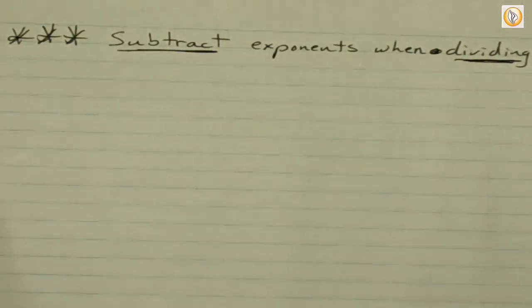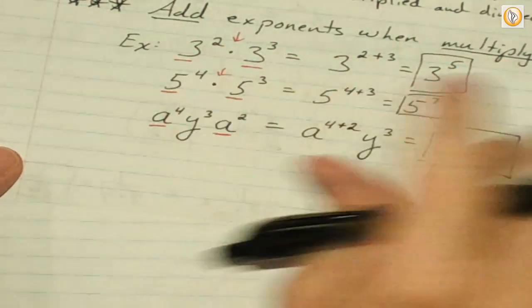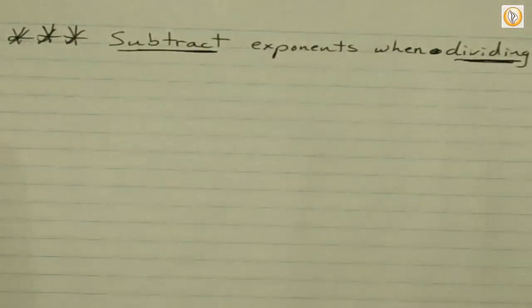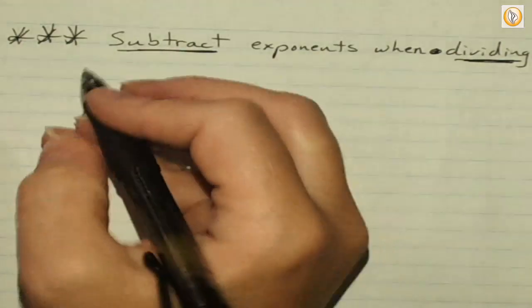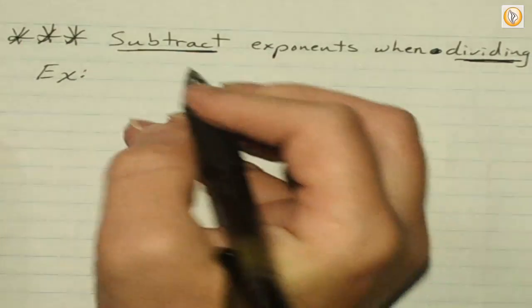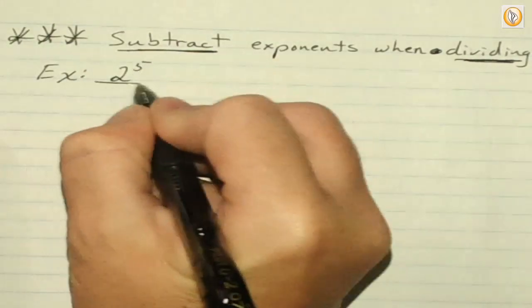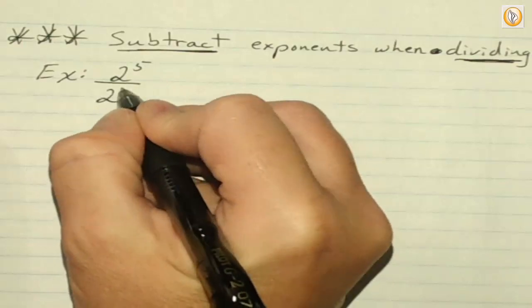So we just got through adding exponents when multiplying the base, but if dividing the base, you're going to subtract. For example, 2 to the 5th power divided by 2 to the 3rd power.